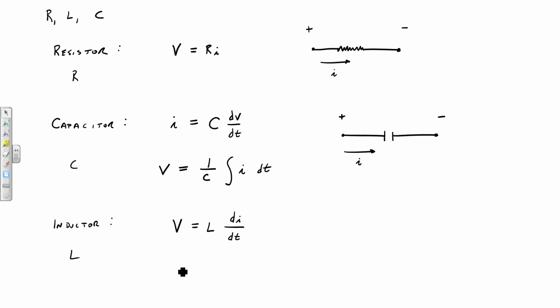And you could also write this, I is equal to 1 over L integral of the voltage dt. And again, our symbol, I'm sure you've seen these before, nothing new. Looks like this. Those are the only main elements we need to know. That's good.